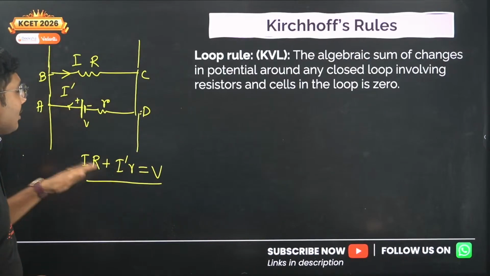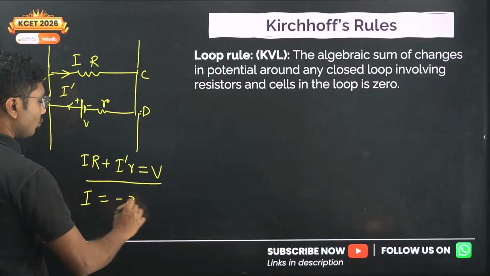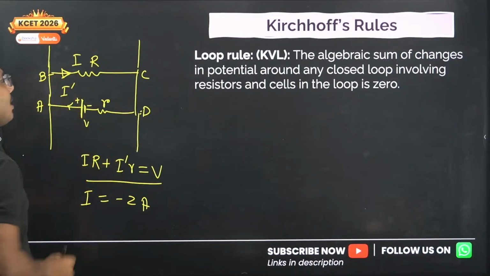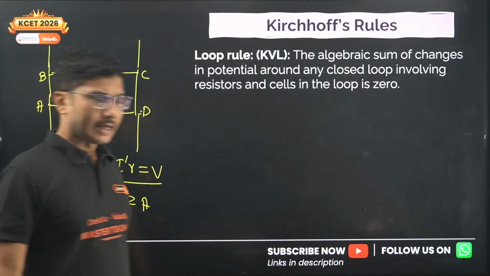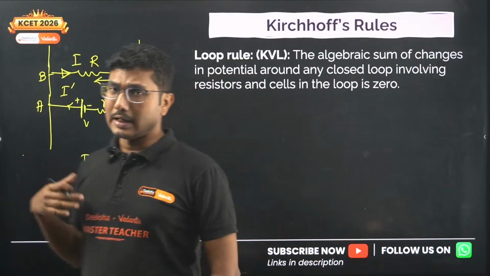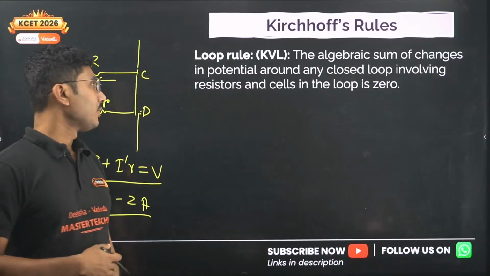Suppose after solving a complicated equation you found that the value of I is -2. That means you have taken the direction of current in this direction, but in reality current is flowing in the opposite direction. No harm in that, as long as you are calculating it properly, you should be fine.